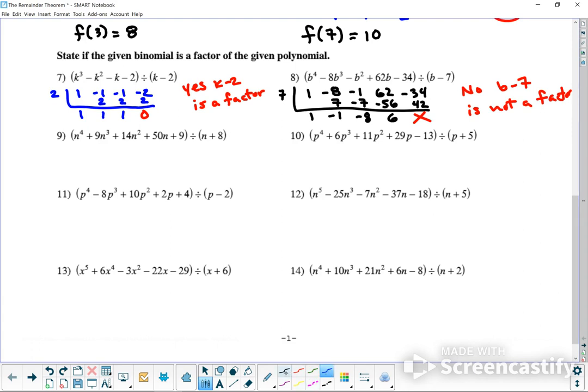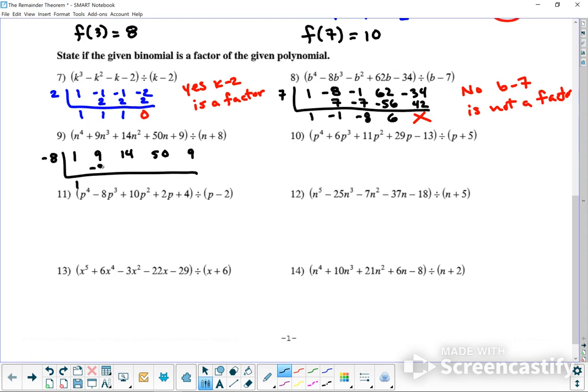Okay, so unless I mess up somewhere, but I think you guys can check it. So 1, 9, 14, 59, and do that with negative 8.